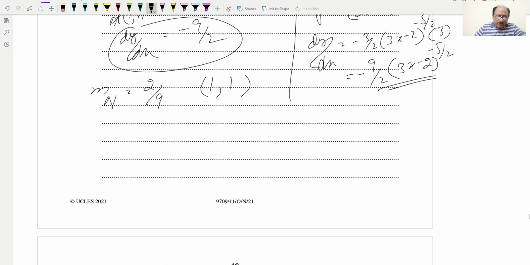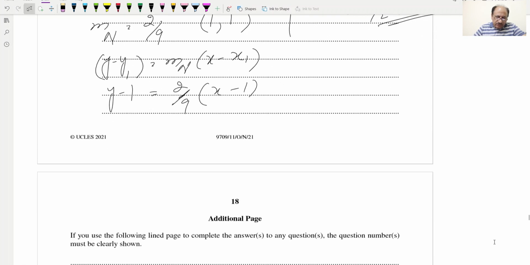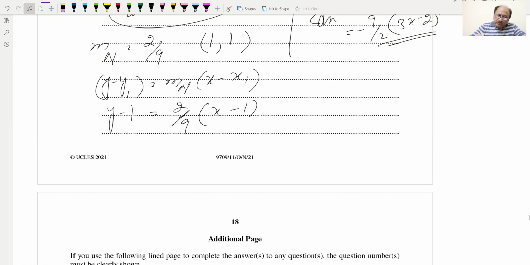So now we can write the equation of the normal, which will be y minus y1 is equal to m of the normal into x minus x1. So y minus 1 is equal to 2 by 9 into x minus 1, and we can simplify this further.